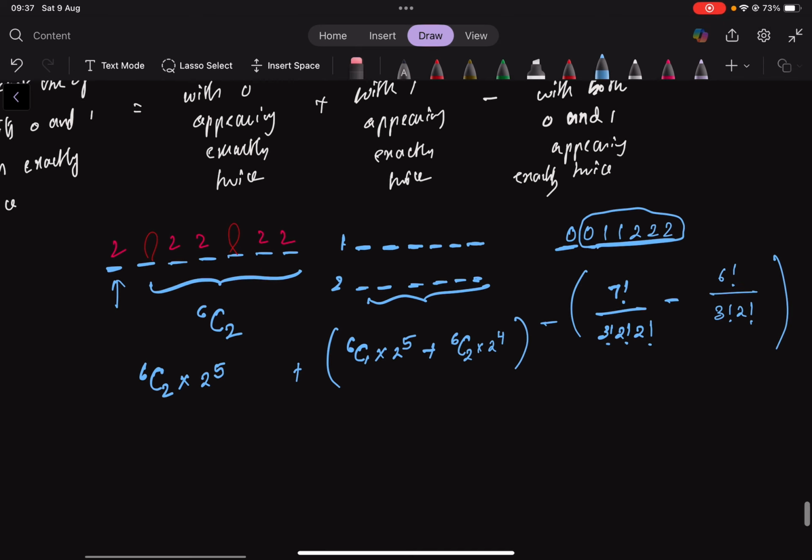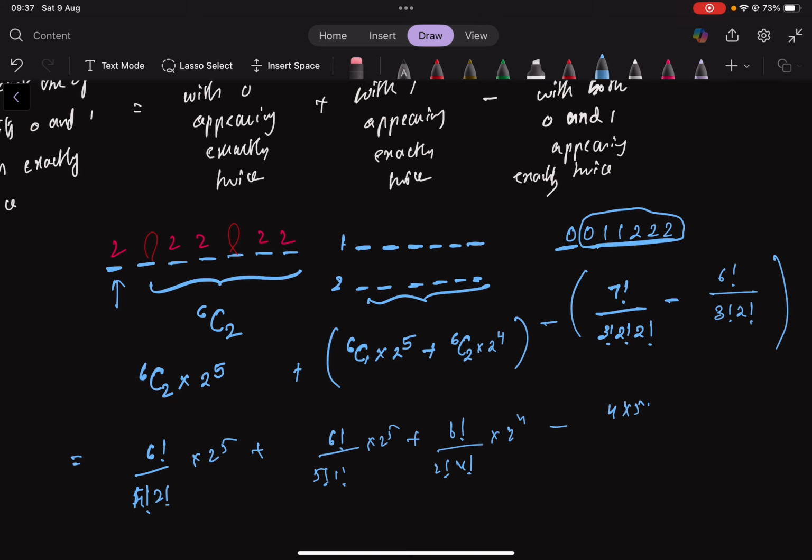So this will be 6 factorial by 4 factorial into 2 factorial into 2 to the power 5, plus 6 factorial by 5 factorial into 1 factorial into 2 to the power 5, plus 6 factorial by 2 factorial into 4 factorial into 2 to the power 4, minus 4 into 5 into 6 into 7 by 2 into 2, minus 4 into 5 into 6 by 2.